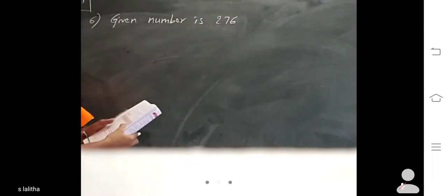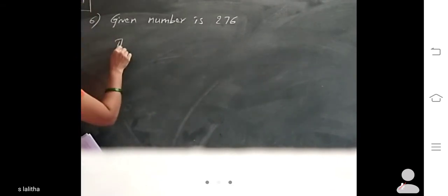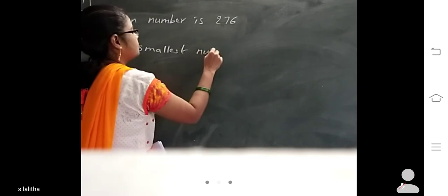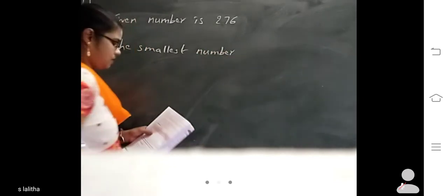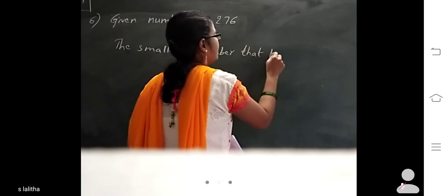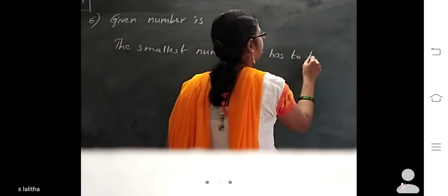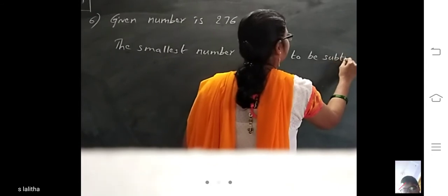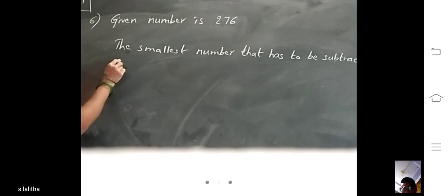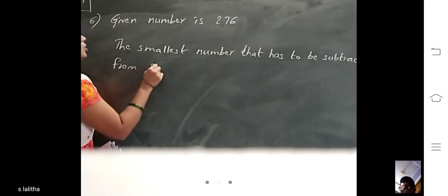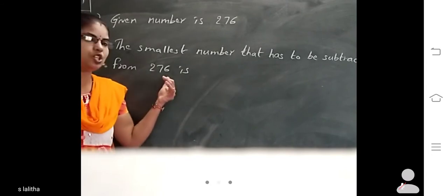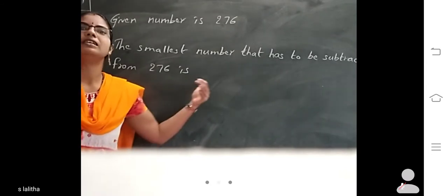The smallest number that has to be subtracted from 276 so that the ones place becomes 0. You have to subtract 6.